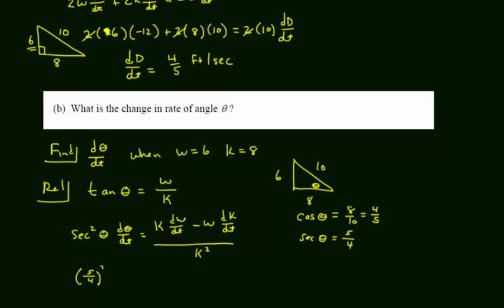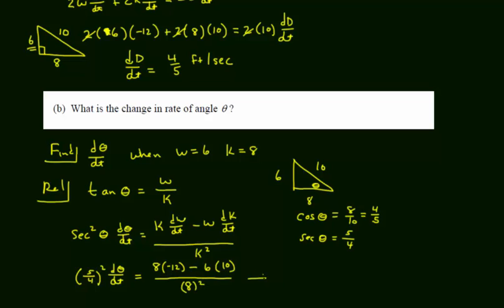So let's plug a bunch of this stuff in. 5 over 4 squared, that's my secant squared. We're solving for d theta/dt, and that equals Kevin, 8, times Walter's rate, which was -12, minus Walter, which is 6, times Kevin's rate, which is 10, all over Kevin's distance, which is 8 quantity squared.